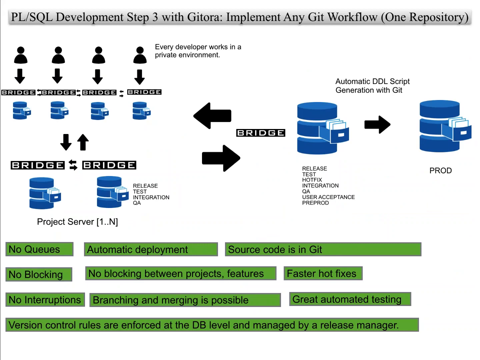Every database developer can work in her own environment privately and release her changes, commit her changes to a project server, to an integration server, and depending on the complexity of your organization, you can have an upstream pipeline.